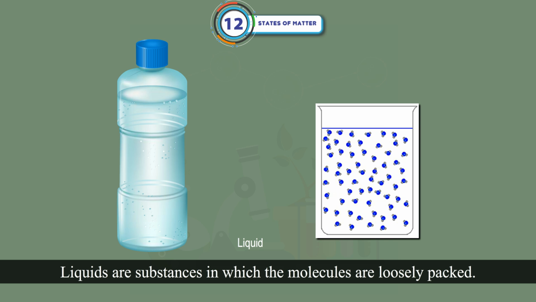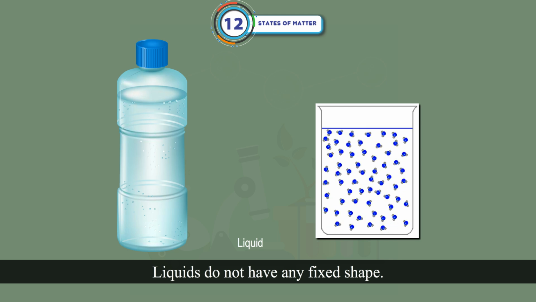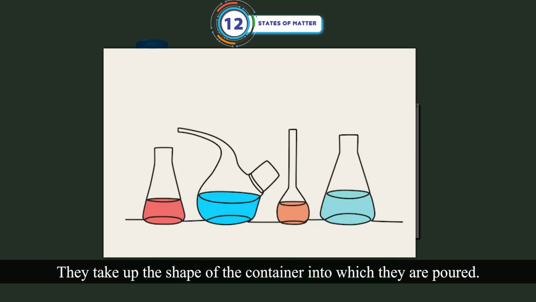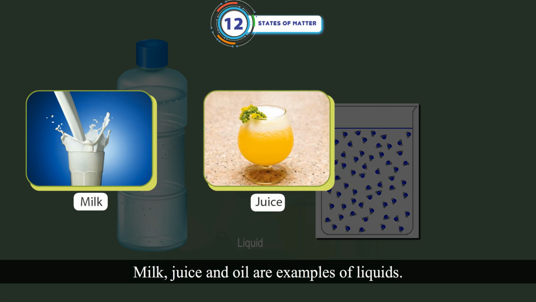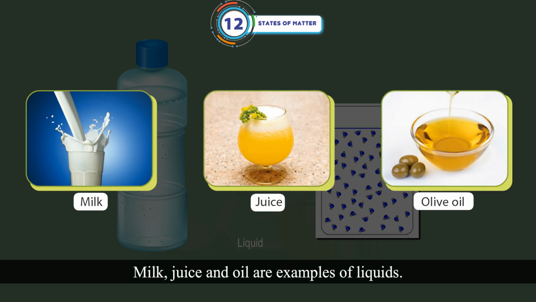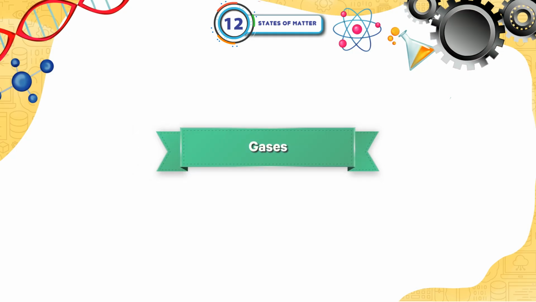Liquids are substances in which the molecules are loosely packed. Liquids do not have any fixed shape. They flow easily. They take up the shape of the container into which they are poured. When a liquid is poured from one container to another, its volume remains the same. Milk, juice, and oil are examples of liquids.